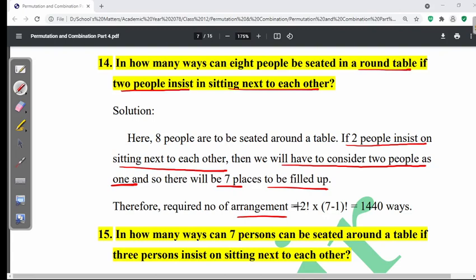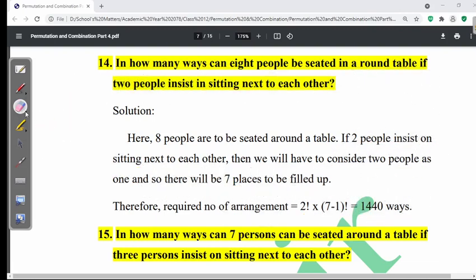The required number is 7 minus 1, which is 6 factorial, and they can be arranged in 2 different ways. That's why 6 factorial times 2 factorial is 1440 ways.